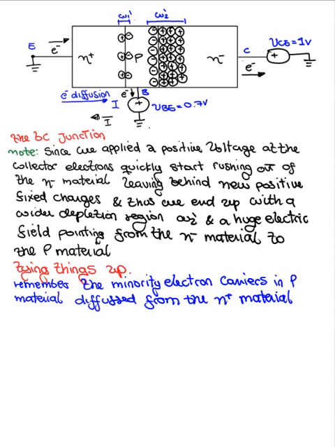Well, that's going to fit in nicely, because as the minority electron carriers in the P material start to increase, we get a lot more electrons in here, and they are strongly pulled towards the N minus material, right? Remember, we're talking about electrons here, so they are going to be pulled very hard by this strong electric field, which is pointing in this direction. Since they're electrons, they're going to want to flow in this direction. So if they find themselves close to this region, they're going to be sucked to this side. So let's write that down.